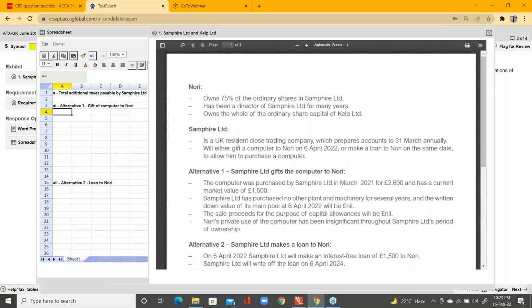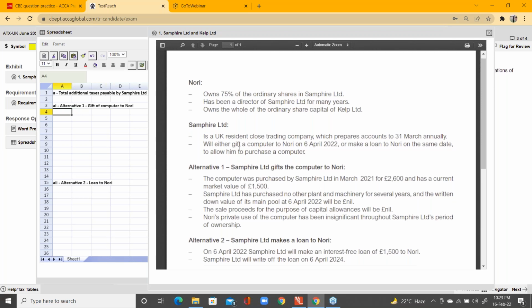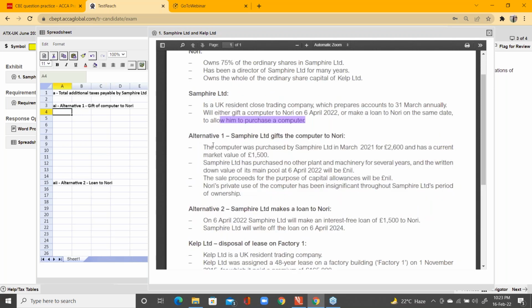Now the company would be doing either of these two things. Either the company would be providing a computer directly to the shareholder, who is not only a shareholder but also an employee of the company, or the company would be providing a loan of 1500 to Nori to allow him to purchase a computer himself.